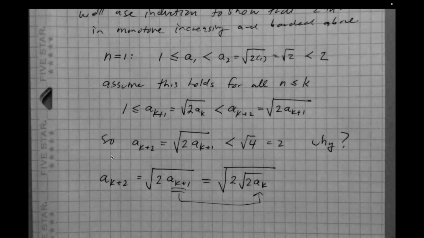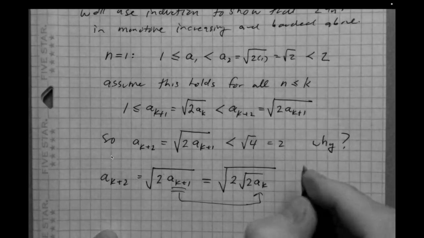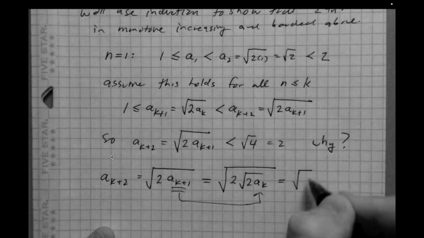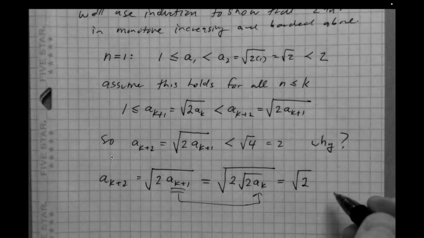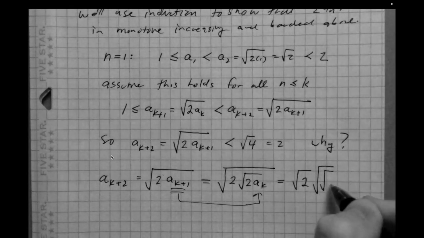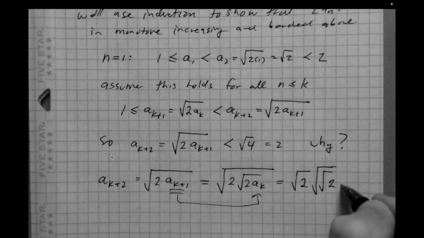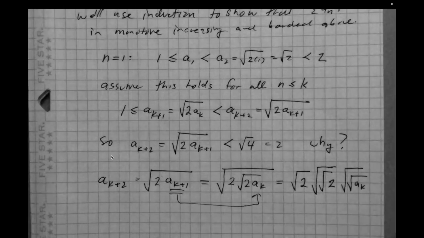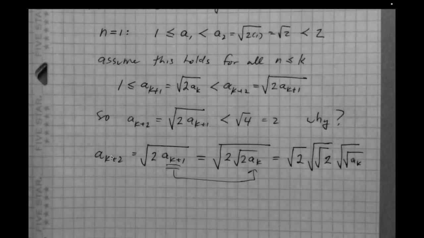Let's break this up a little bit. There are different ways to look at this and develop the inequality. So I'm just going to write it like this so we can look at each of these separately. You may not have to do it this way. It looks like this. That's just the way you break up these radicals.